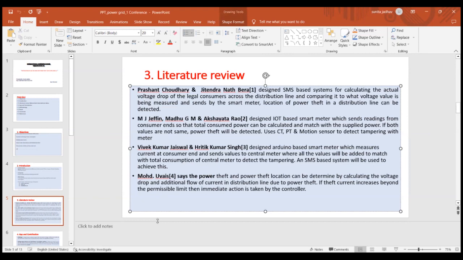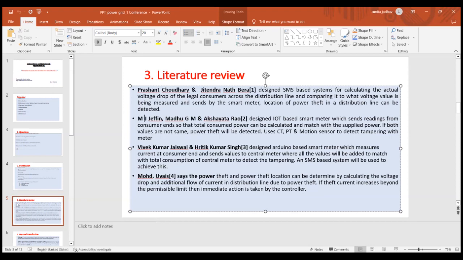Also MJ Jeffin designed an IoT based smart meter. In this case, the meter sends the consumed power to the central unit. The meter has a CTPT unit, so any theft in the meter will be detected from the central unit. But from this literature, it is observed that the exact location of theft, especially for hooking purposes, is not detected.